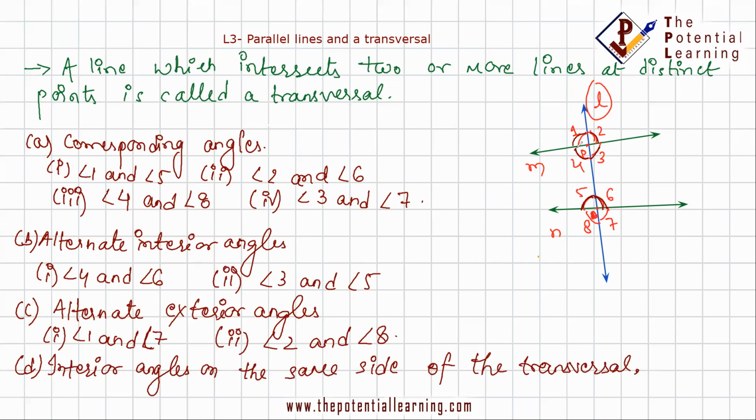So 4 and 5 are the interior angles on the same side, left side of the transversal, right? So the first pair is 4 and 5, and the second pair is the other side, we have 3 and 6 as the interior angles. Okay, तो you understood the terms कि corresponding angle किसे बोलते हैं, alternate interior angle, alternate exterior and interior angle on the same side of the transversal, right?